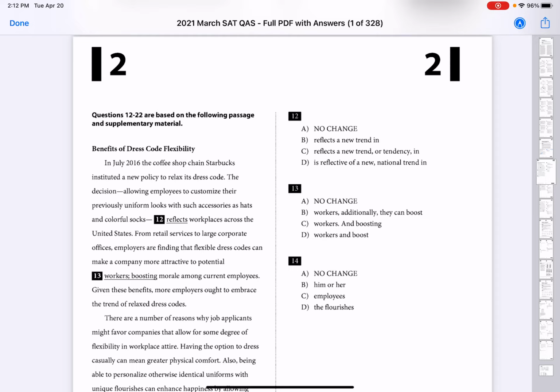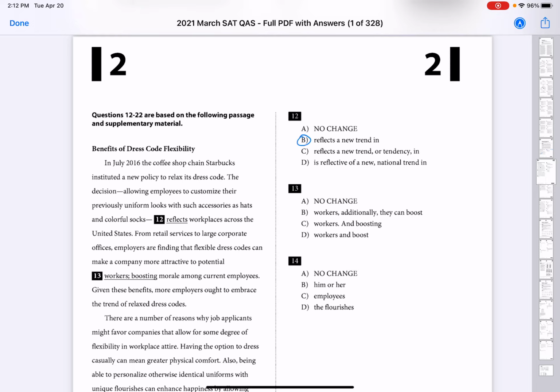The decision, allowing employees to customize their previously uniform looks with such accessories as hats and colorful socks, reflects a new national trend. Okay, so the answer for number 12 should be B.